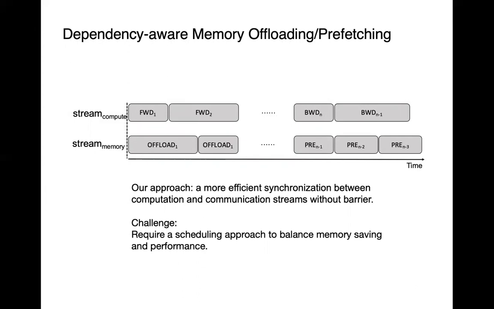After removing the barrier, another challenge comes: how to balance memory saving and performance. For example, in the backward pass, if we prefetch too many layers, it does not improve the performance, but wastes GPU memory resources instead.